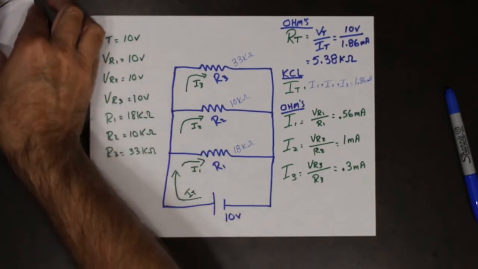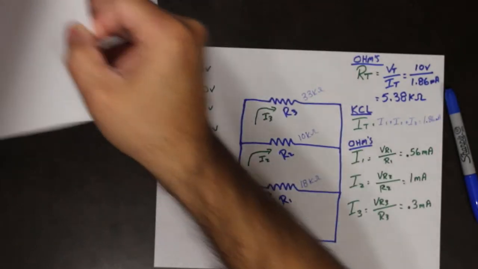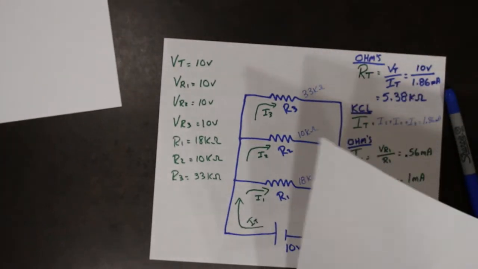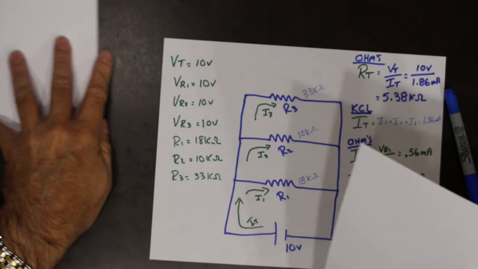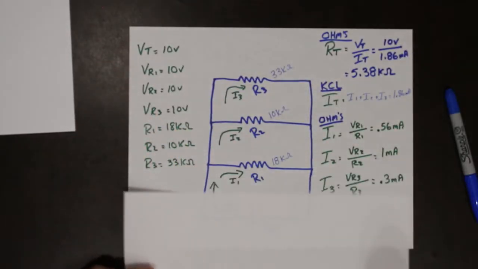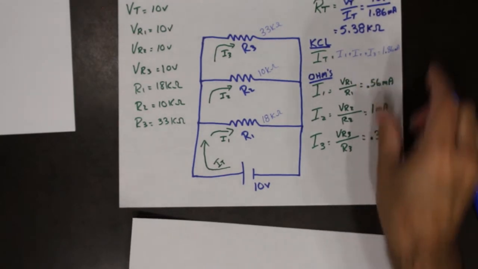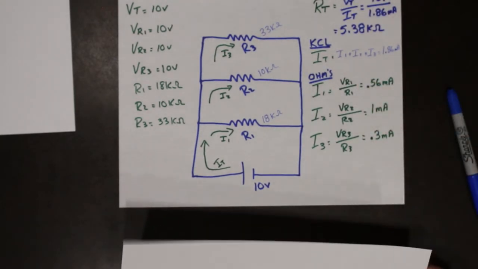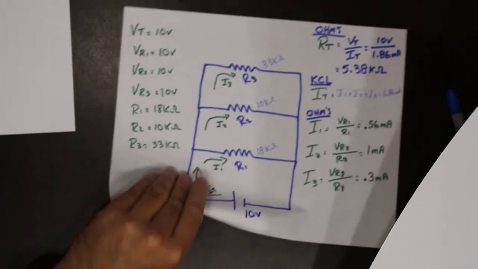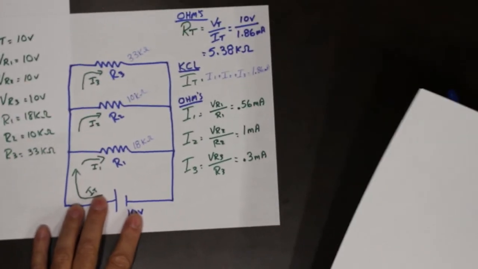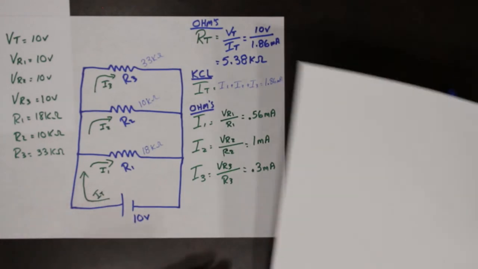One of the nice things about being able to solve circuits and knowing the rules is that we can check our answers. So what I'm going to do is slide this over here and hopefully that stays on the screen enough. Good.